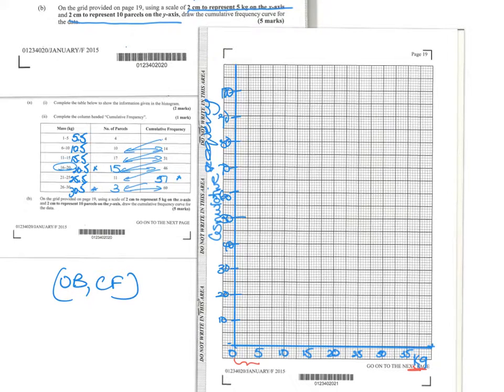So 5.5 is 1 block after 5, 4. And then we look for 10.5, 14. So that will be there. Then we look for 15.5, 31. Then we look for 20.5, 46.